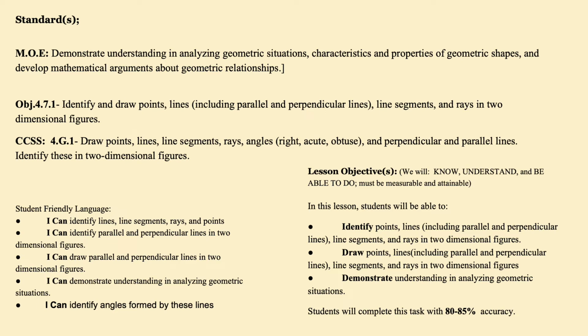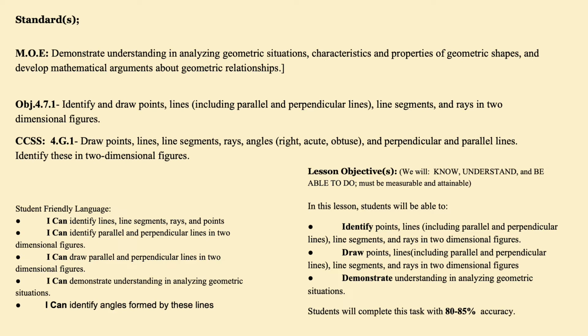The math lesson is based on Palau Math Objective 4.7.1, which is aligned with the MOE standard and the Common Core State Standard 4.G.1. In this lesson, students will be able to identify points, lines, including parallel and perpendicular lines, line segments, and rays in two-dimensional figures.